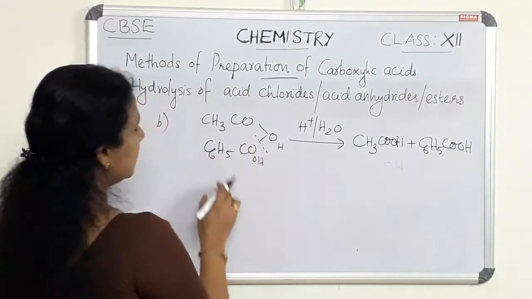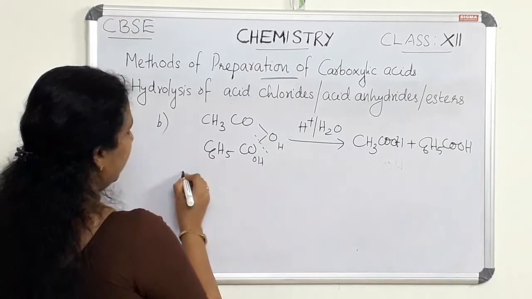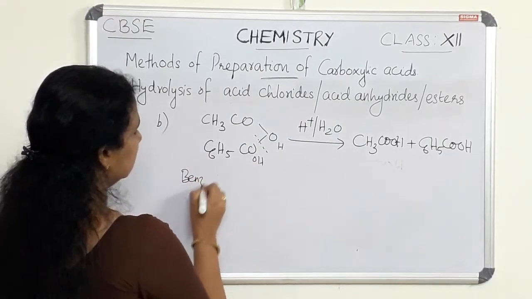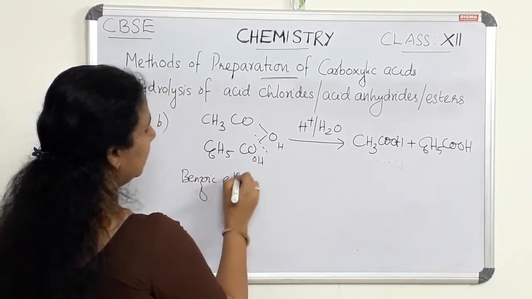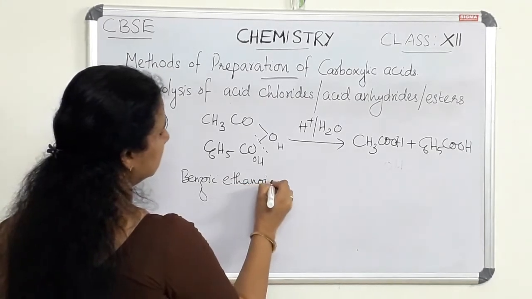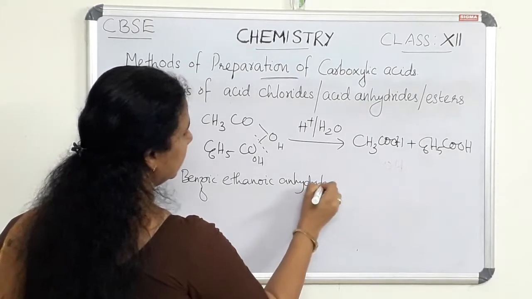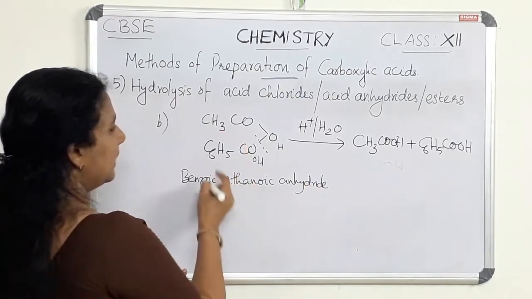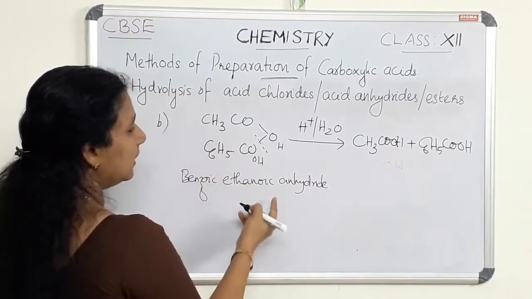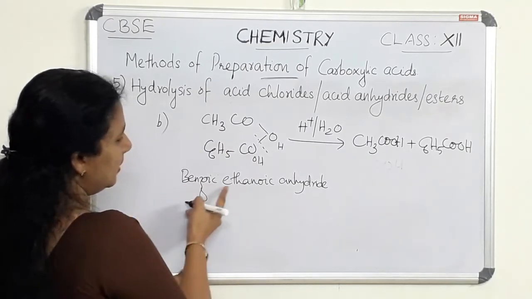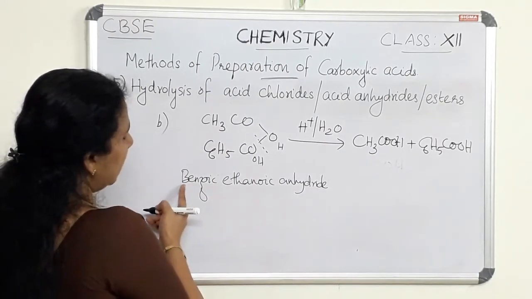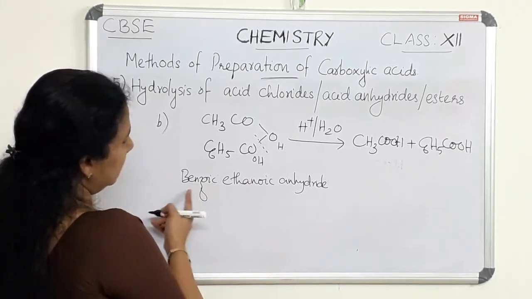So what is the name of this anhydride? This anhydride is benzoic ethanoic anhydride. So both groups are here. B comes first because alphabetical order has been taken into consideration.